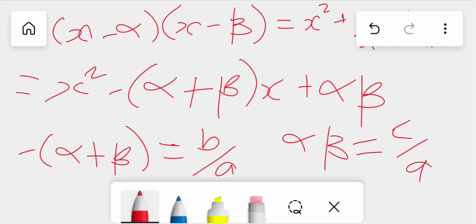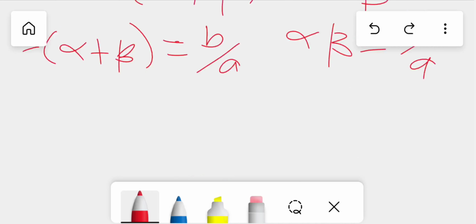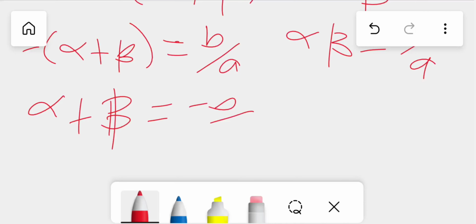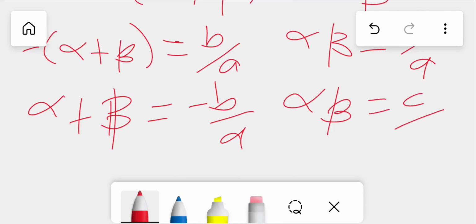Property number 1, addition: alpha + beta is equal to −b/a, and property number 2: alpha times beta is equal to c/a. These are the two properties we're going to use to solve the given quadratic equation.